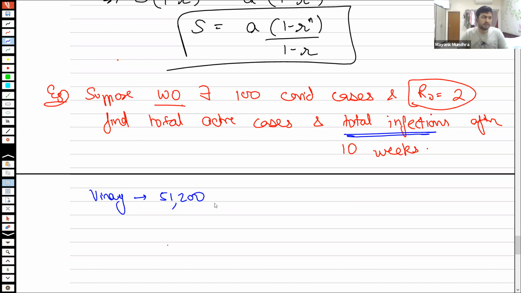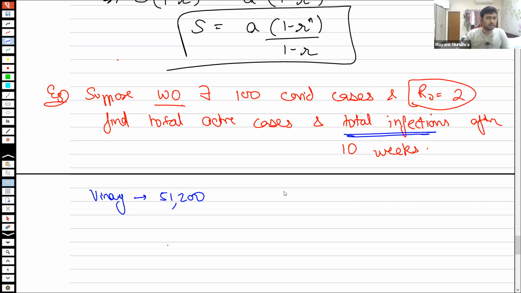Just find total infections after. So 102300.